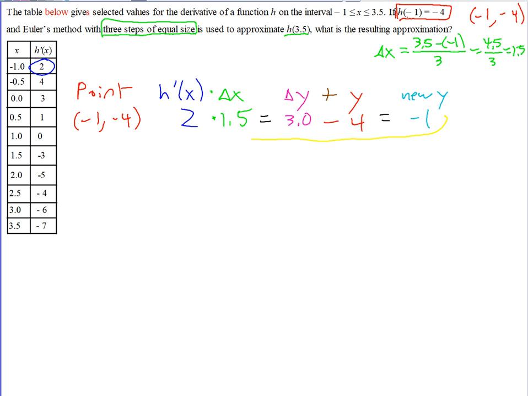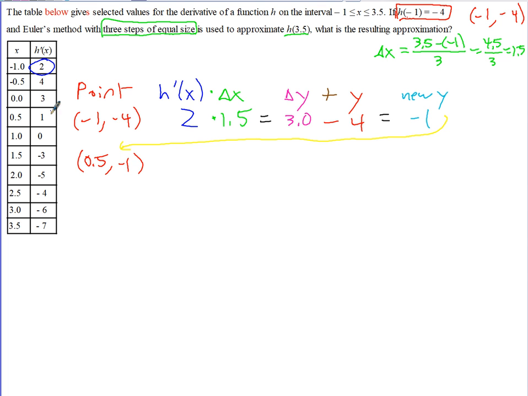That's the first step. Second step here, to get our new x-coordinate, which is very important here, we take the other x-coordinate and change it by the step size, delta x. So -1 plus 1.5 gives you positive 0.5. And again, the new y-coordinate we just figured out was -1. And now we need the derivative at this point.